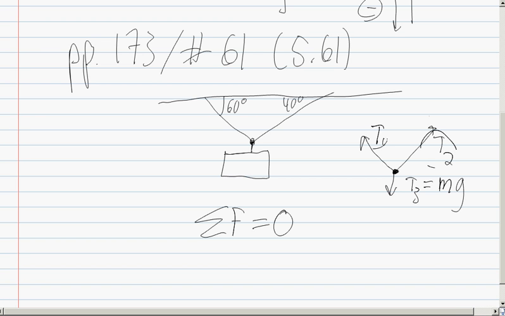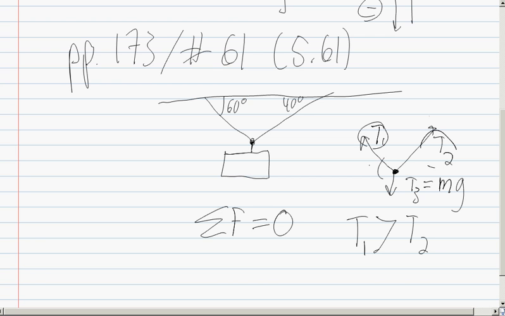And it turns out that in that case, T1 is going to be greater than T2, because T2 is going to have that horizontal force spread across more of the rope, which is going to lead to a smaller tension overall.